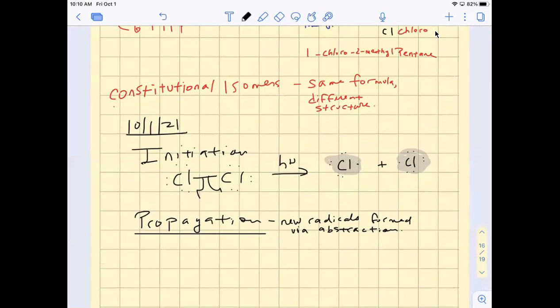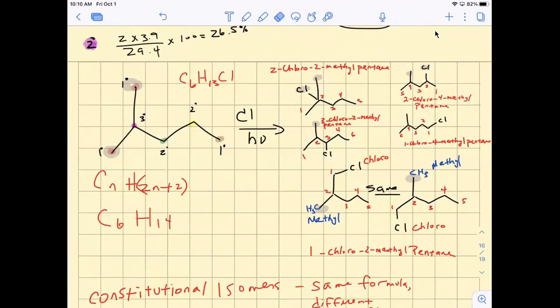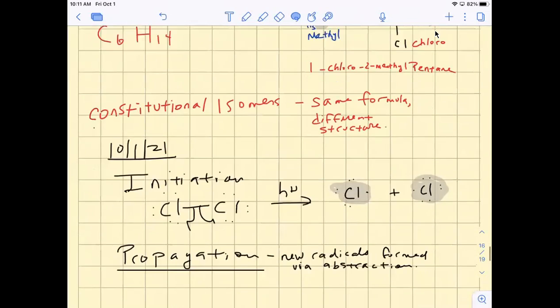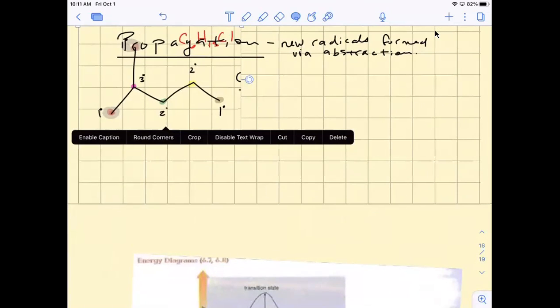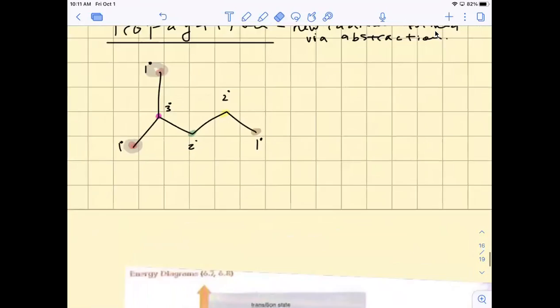And with this chain, which I'm going to steal from up here, every one of these carbons is abstractable. The only one that's not going to get abstracted, not that it won't, but that we don't need to show that, is the primary on the end.